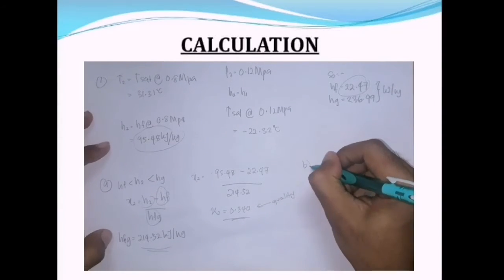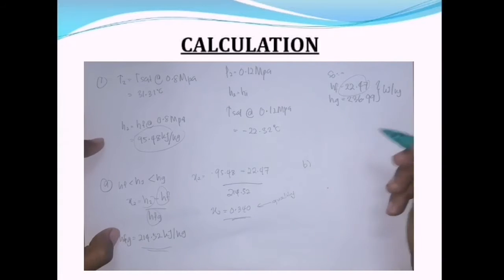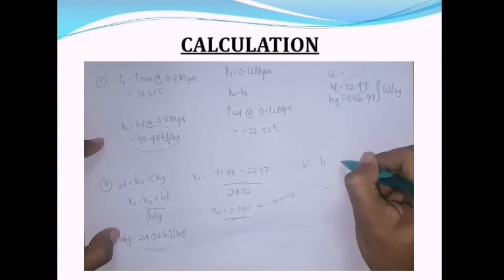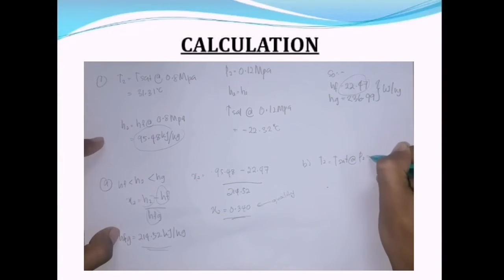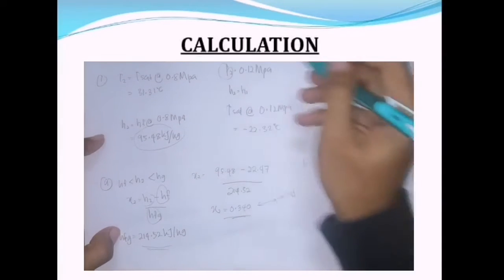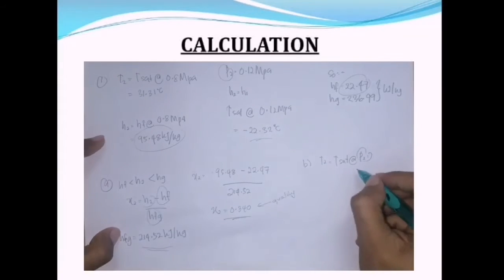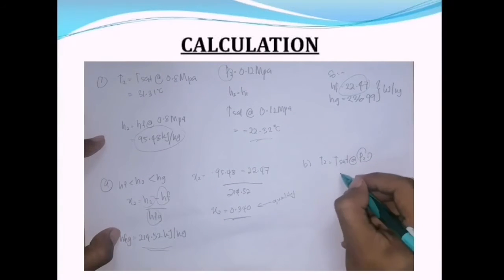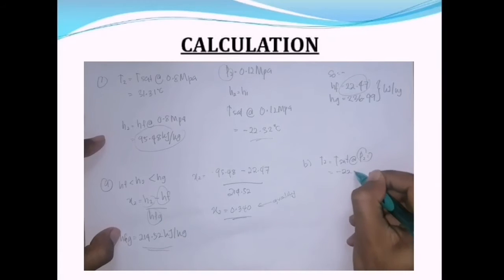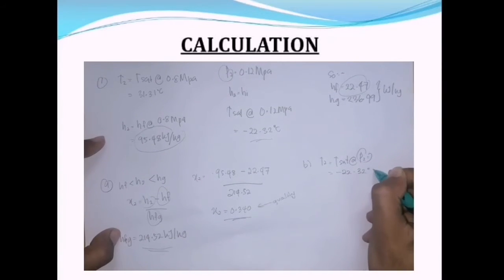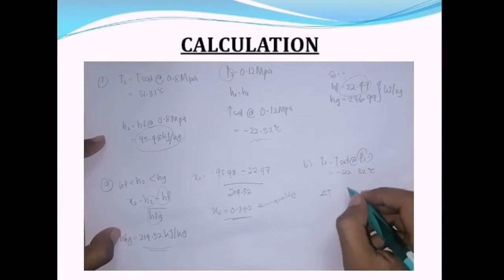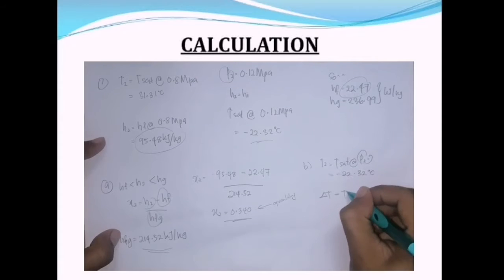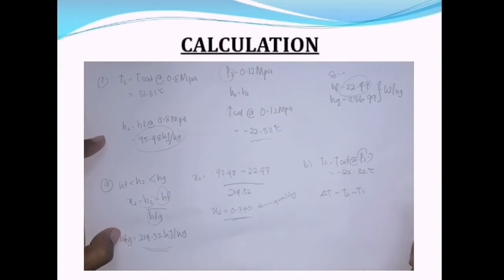Next, we calculate for the b, the temperature drop. So T2 equal to T saturated at P2. So T2 is equal to negative 22.32 degrees Celsius. Okay, then temperature drop is equal to T2 minus T1.